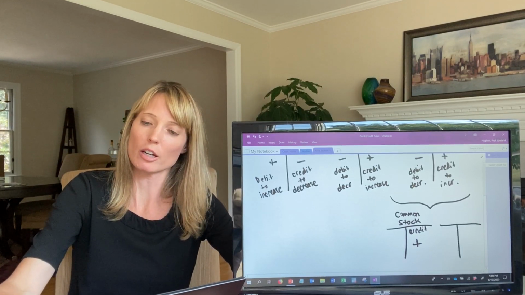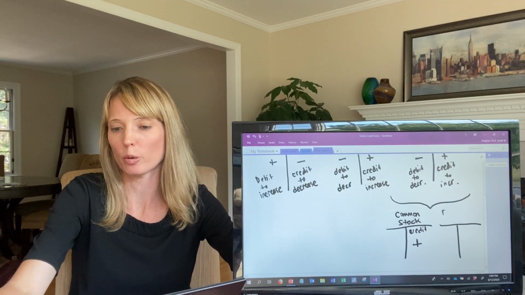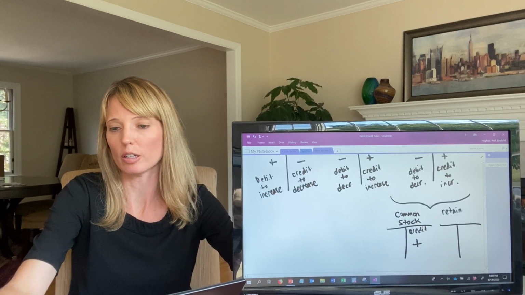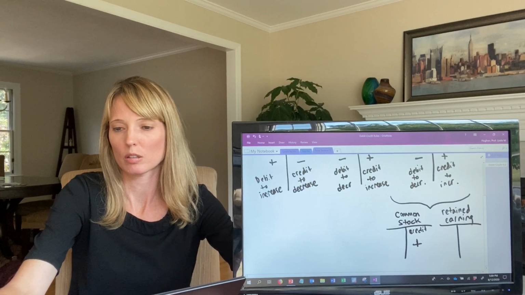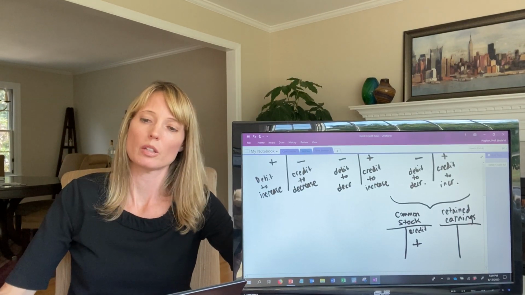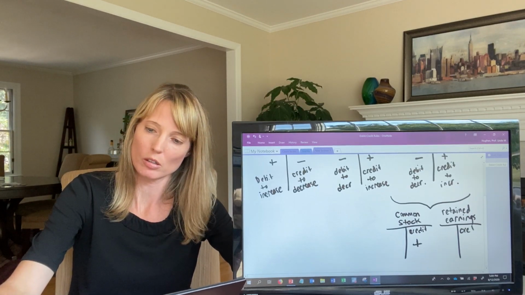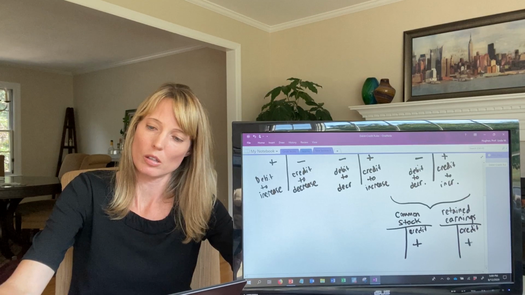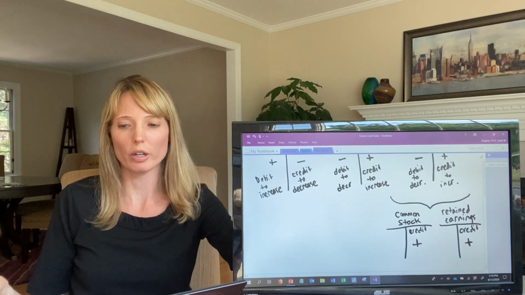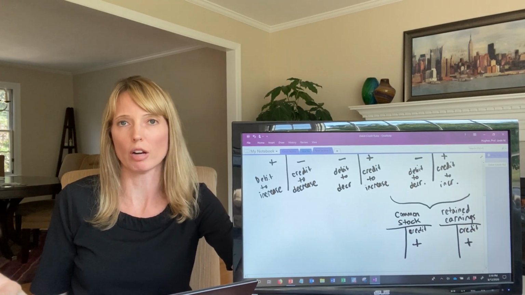And the other main stockholders' equity account, as we said before, is retained earnings. We want to credit to increase retained earnings, right? How do we increase retained earnings? Revenues.